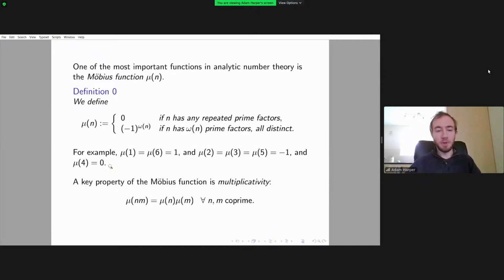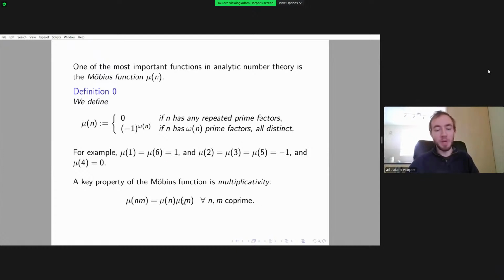And the major property of the Mobius function is that it's multiplicative, by which I mean that mu of n times m is equal to mu of n times mu of m, provided n and m are coprime. And you can see this just from the definition, because if n and m are coprime, then when you take n times m, you just concatenate the prime factorizations of n and of m. So the condition of not having any repeated prime factors just splits up as a separate condition on the prime factors of n and of m.